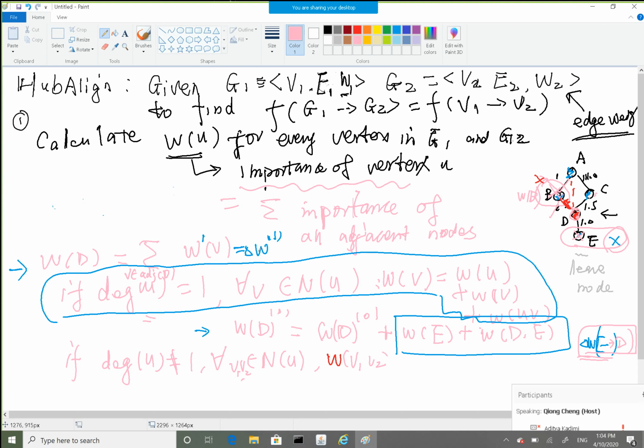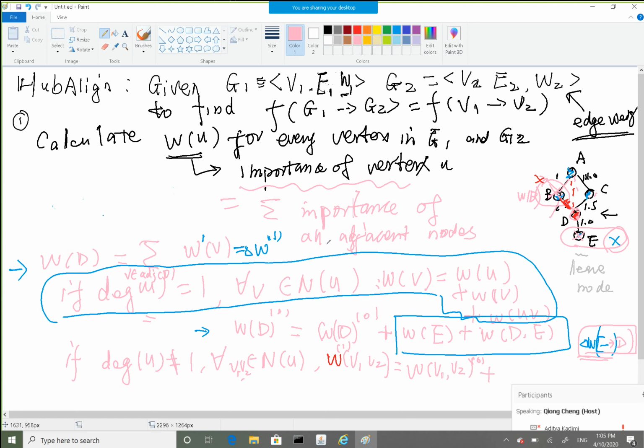And this is equal to 1, because maybe you already have other edges here. So if you do have an original edge, you put the original edge here. If you do not have that, you just ignore it as a 0.